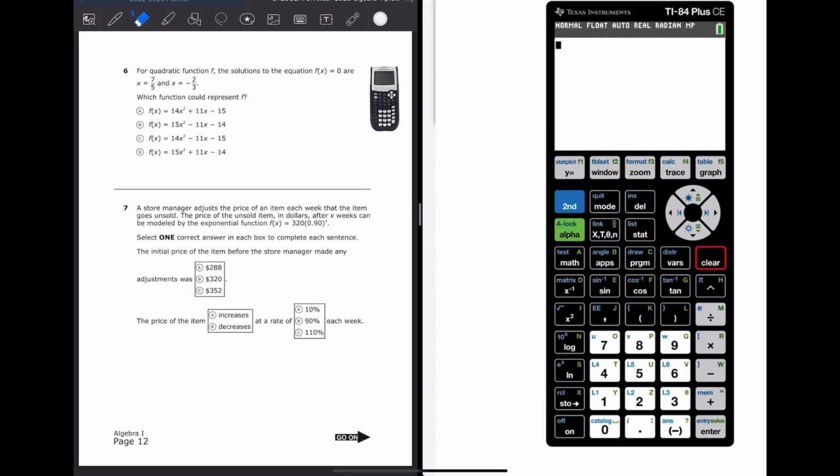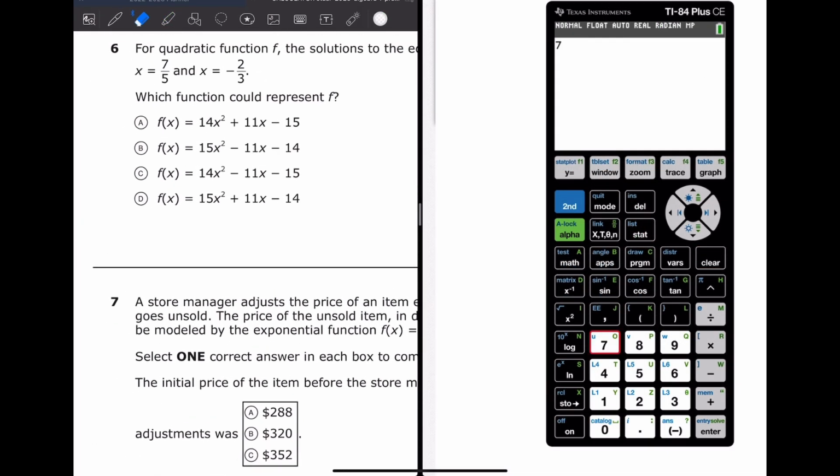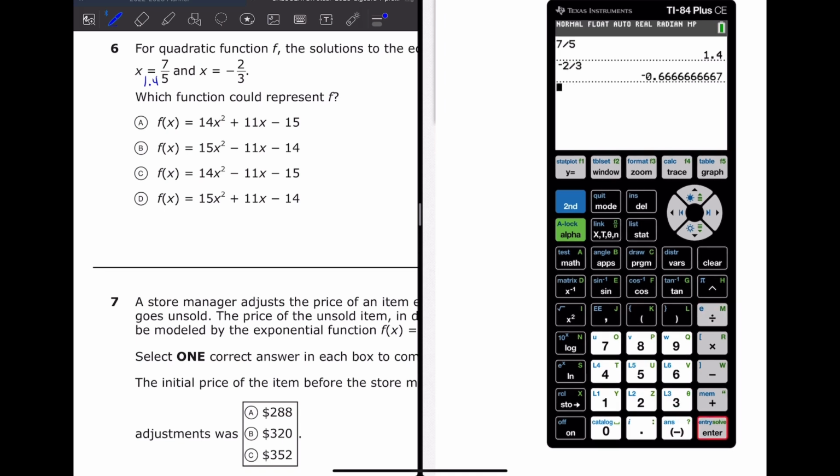This one here, for the x's, you want to get the decimals. The first one is 1.4. Next one, negative 0.66.